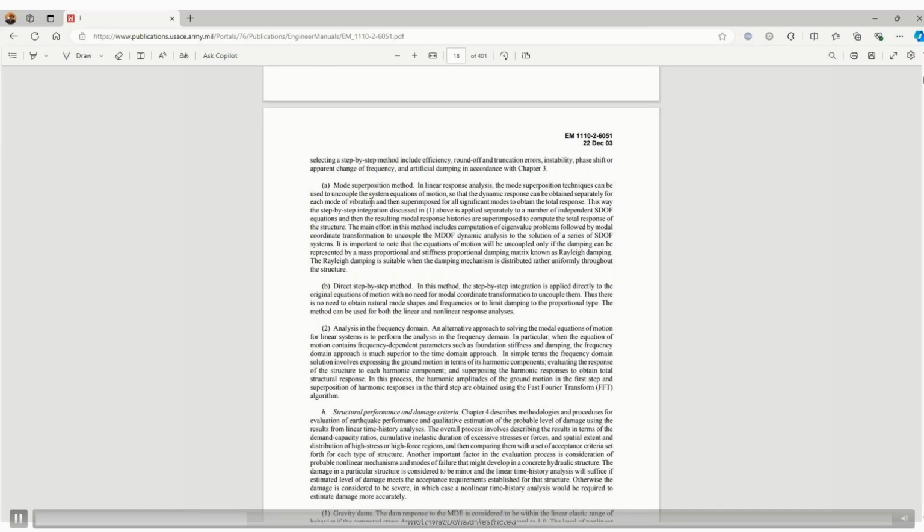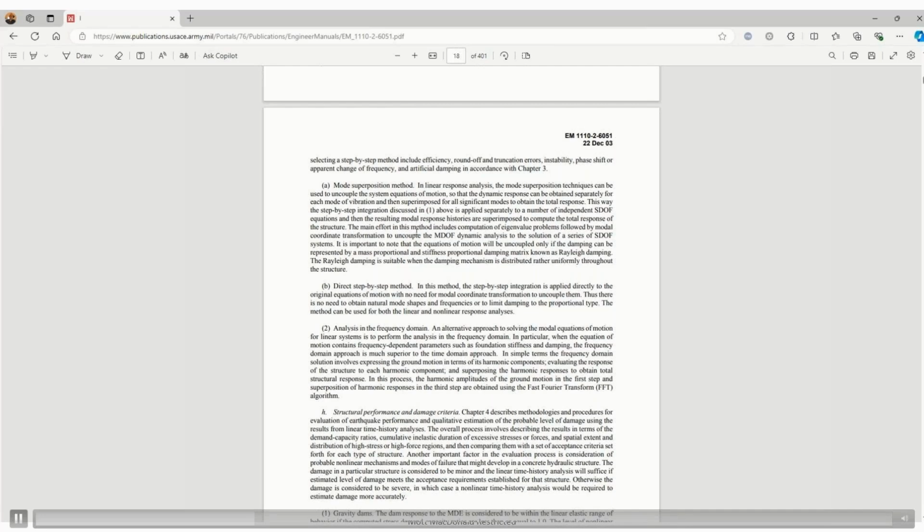That means the mode of vibration will define the boundary condition for this method. So the number of modes is important here for the mode superposition method, and then we superimpose all significant modes to obtain the total response. This way, the step-by-step time integration is applied separately to a number of independent single degree of freedom equations, and then the resulting modal response histories are superimposed to compute the total response of the structure.